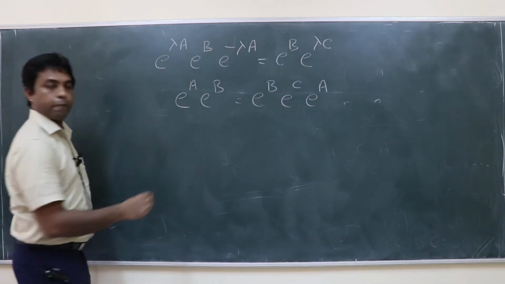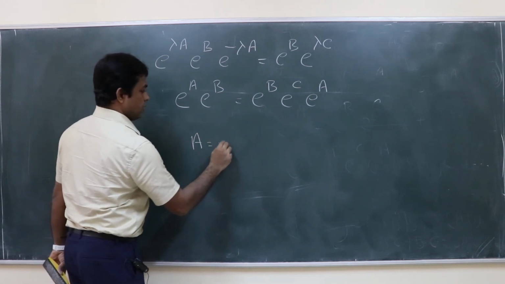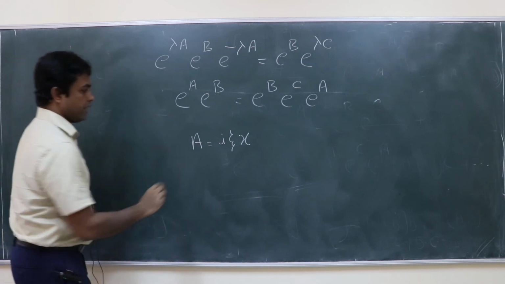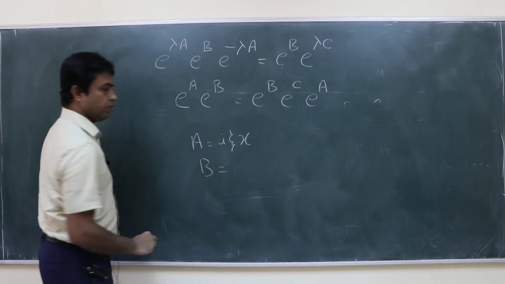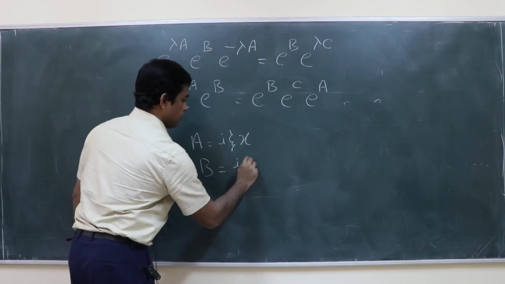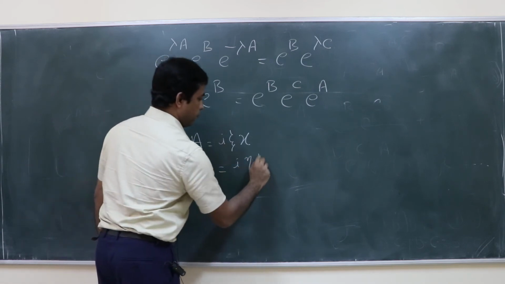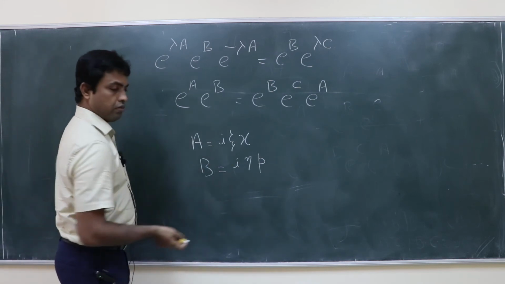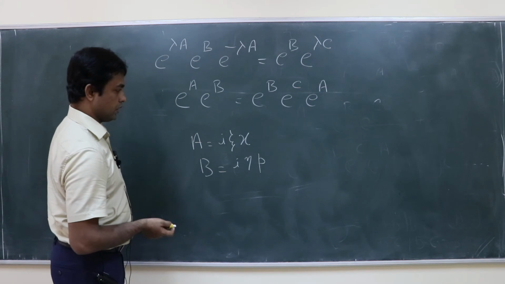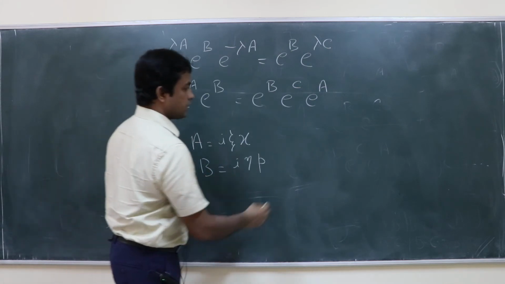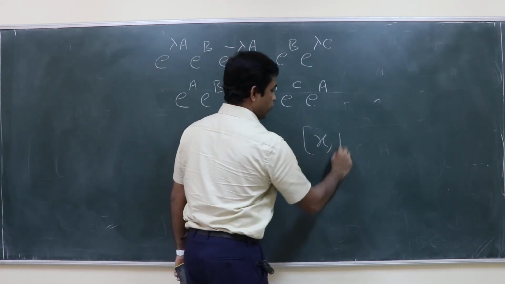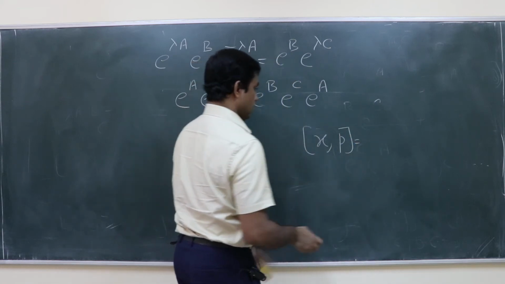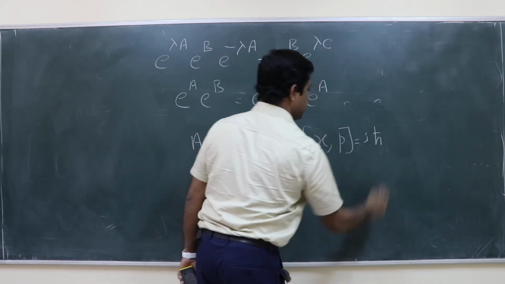Now take a equal to i psi x and b equal to i eta p, where psi and eta are some complex number constants, and x and p are operators where the commutator of x with p is equal to i h cross.